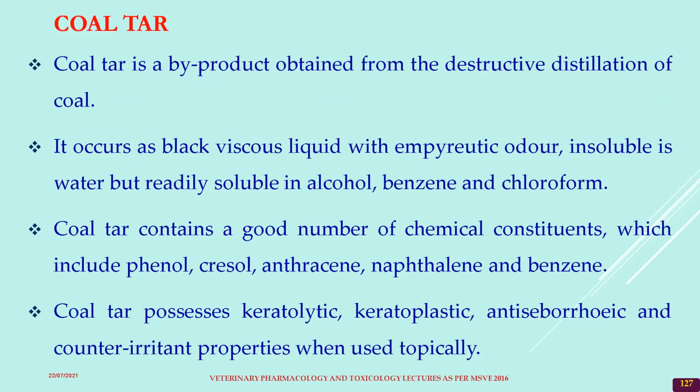Then coal tar is a byproduct obtained from the destructive distillation of coal, and it occurs as a black viscous liquid with a characteristic odor, insoluble in water. It is applied as a keratolytic, keratoplastic, antiseborrheic, and counterirritant. Counterirritants cause mild irritation or inflammation so that the area will be cleansed.